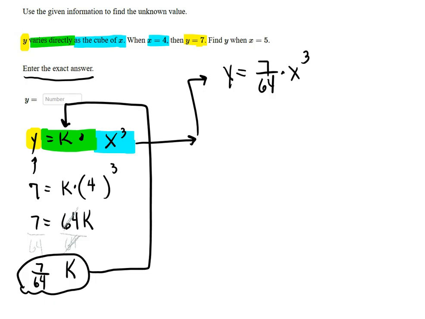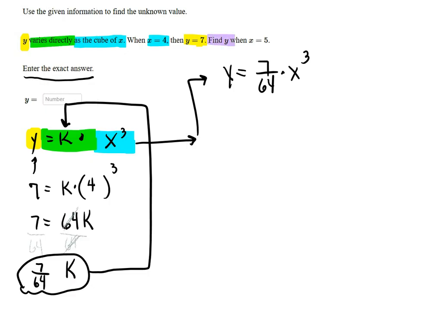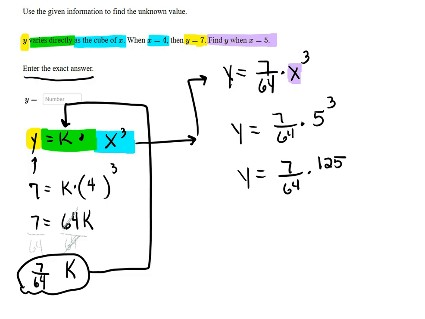And now it says find y when x is 5. So I now have to put the 5 where the x is and do the math, and I can solve this for y. So y is 7/64 times 5 cubed, and 5 cubed is 125.